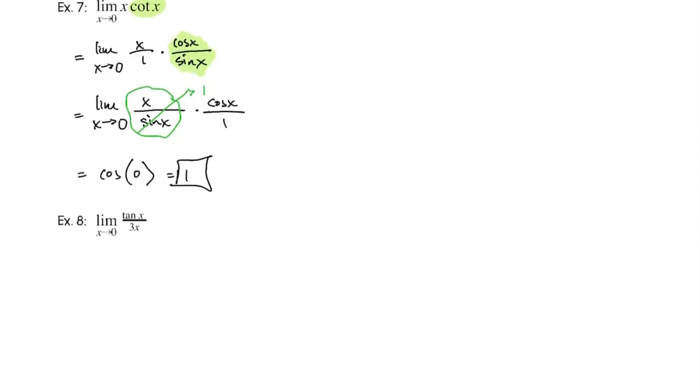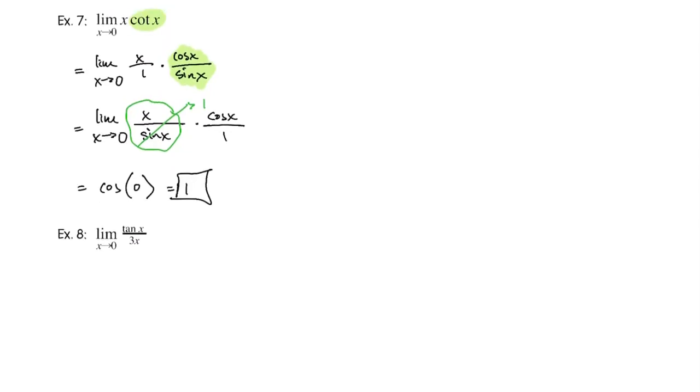All right, one last question here. What might we want to do to example 8? How might we want to rewrite it so that we could start to think about structures that we've learned today? Okay, sine x over cosine x, right?